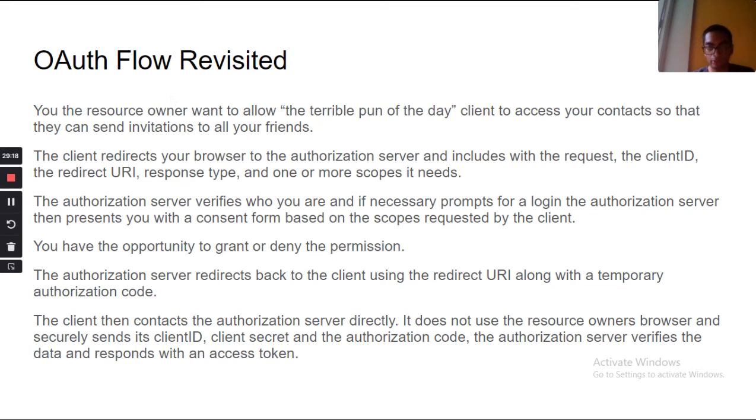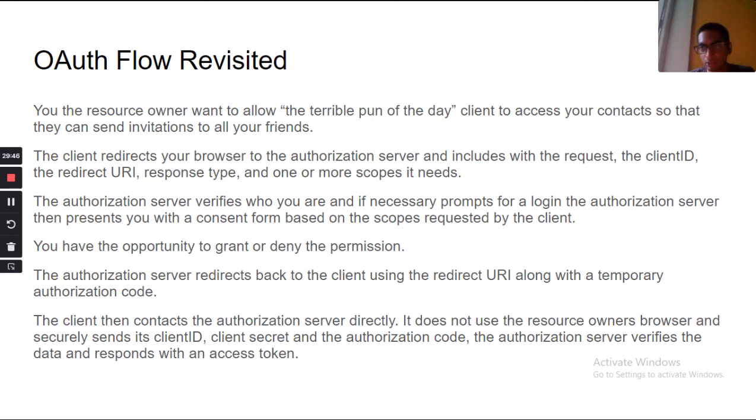You're the resource owner and you want to allow terrible pun of the day to access your Gmail, so that terrible pun of the day can access your contacts, and it will send invitations to all your friends in your contacts. Okay, so that's the goal. The first step would be that the client redirects your browser to the authorization server.